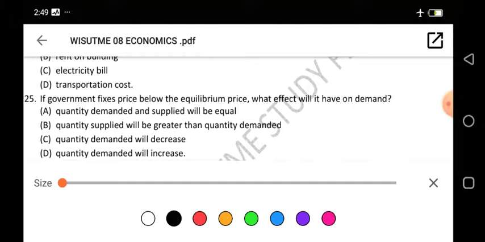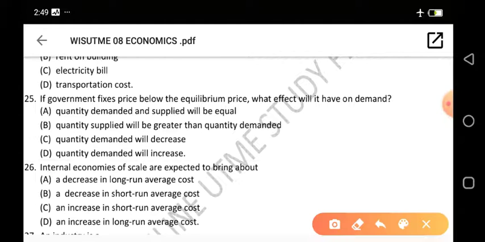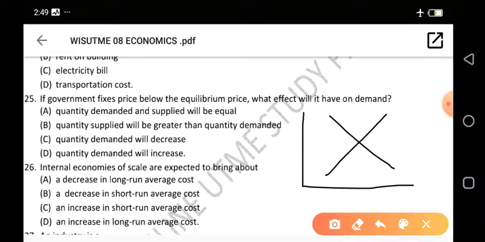This is our equilibrium point, with price P and quantity Q. If government is fixing the price below the equilibrium point, we call this maximum price control, or a price ceiling. Government does this to protect consumers.